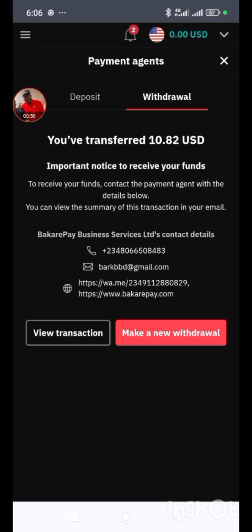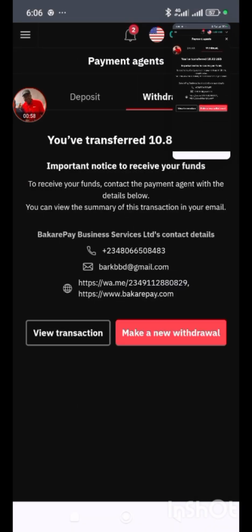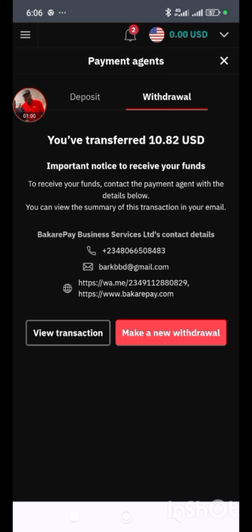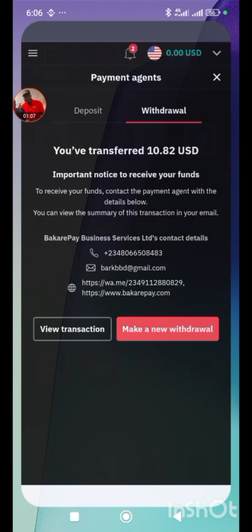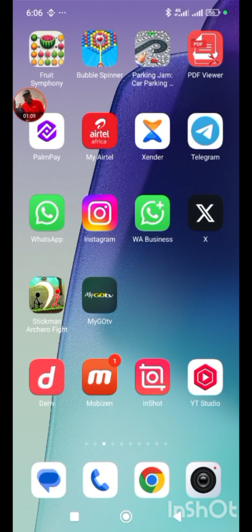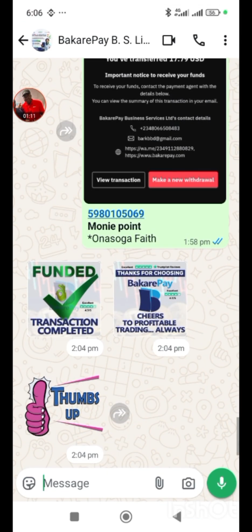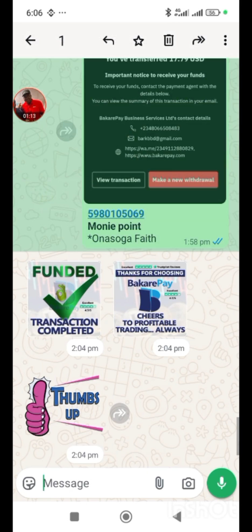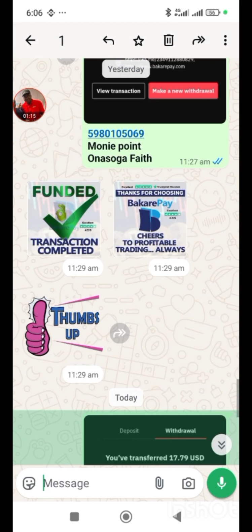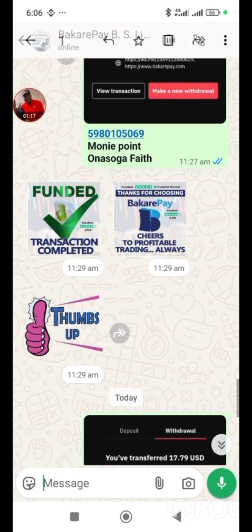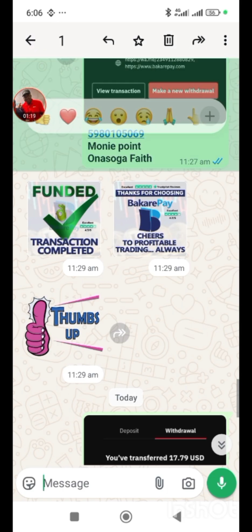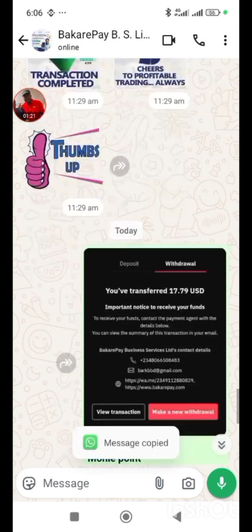I can make a withdrawal anytime of the day, anytime whatsoever it is. You can see now this thing is back to zero. So the next thing I do, you can see his number there. I just chat him up. I copy my bank details and I send the screenshot of my withdrawals to him, and then I receive the payment.